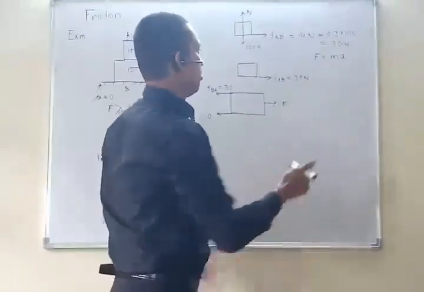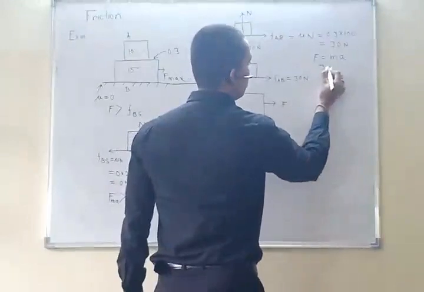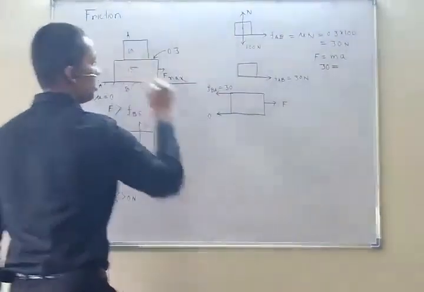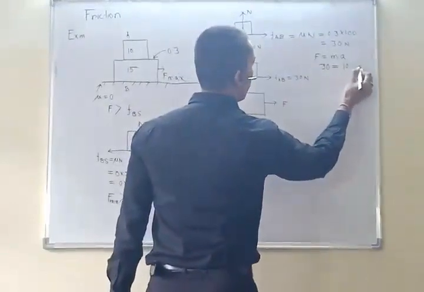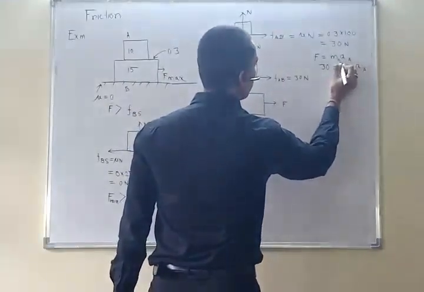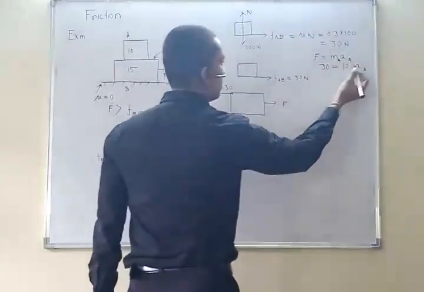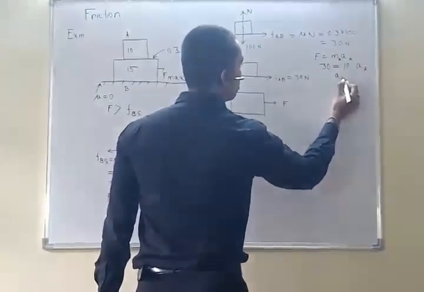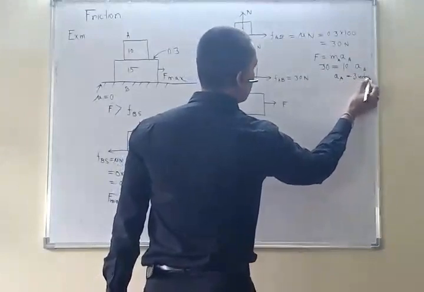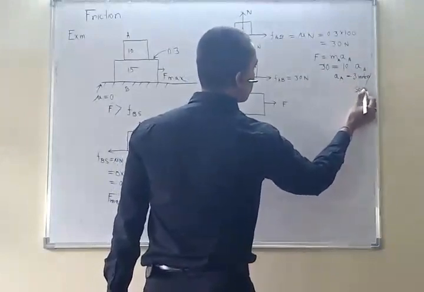That 30 Newton force should be equal to mass of block A, that is 10, into acceleration of block A. So the acceleration of block A is equal to 3 meter per second square.